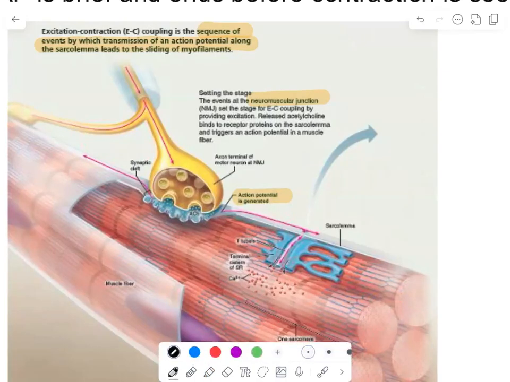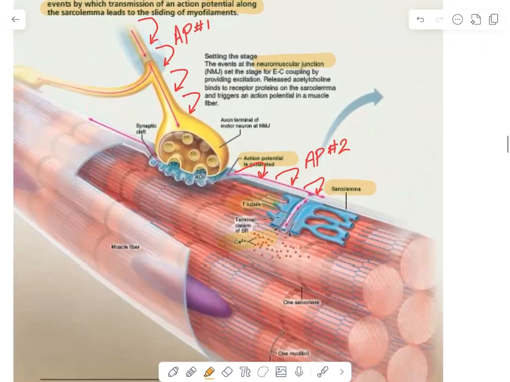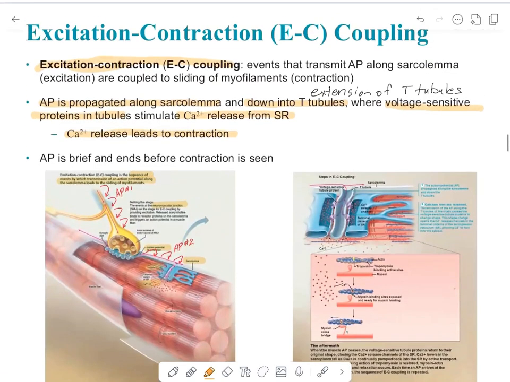So I want to make one thing clear here. Some students get confused because this was an action potential in the motor neuron. So I like to think of that as action potential number one. This is a different action potential that's now generated in the sarcolemma, and it's going to lead down into the T tubules, and eventually calcium is going to be released into the sarcoplasm.